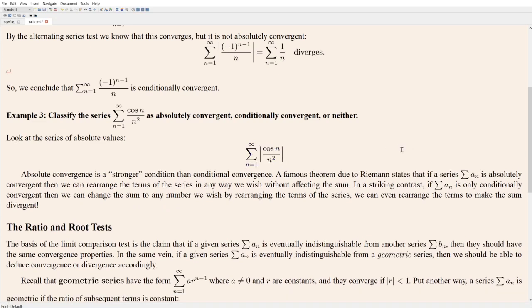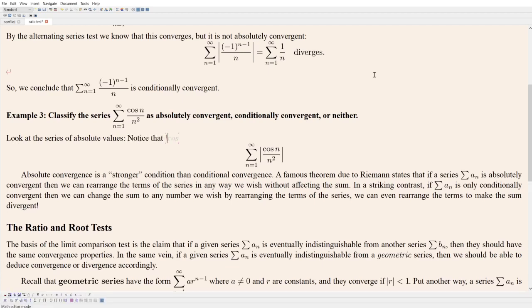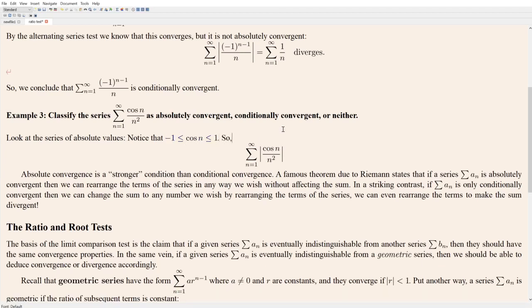Well, what can we take from this? Notice that the cosine is always going to be between -1 and +1, right? Right? So if we take the absolute value, cosine is always going to be between 0 and +1.